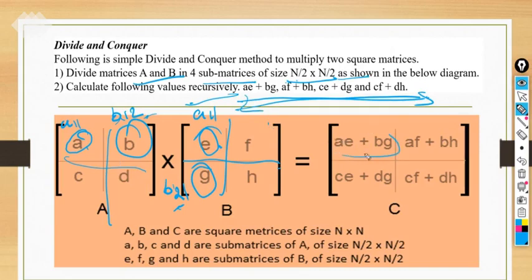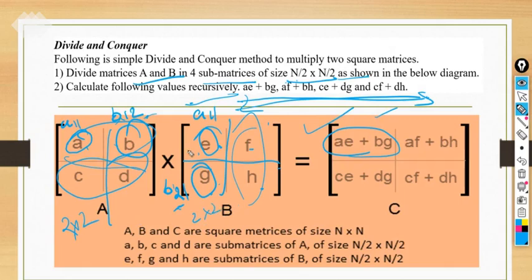Lastly, you will get the resultant value a e plus b g, as we know. Next is a f plus b h. First row completed, then the second row with the same columns: c e plus d g, then c f plus d h. All are covered, that means we are clear. A 2 by 2 matrix times a 2 by 2 matrix always gives a resultant 2 by 2 matrix.